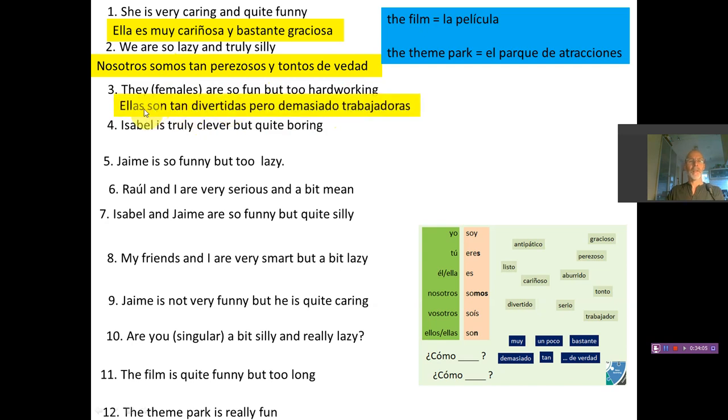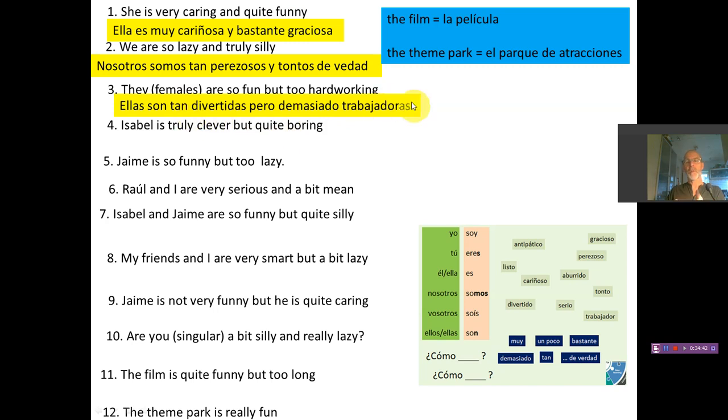Ellas son, because it's they, if you're going to include the ellos or ellas, ellas son tan divertidas, but, demasiado trabajadoras. Okay? And look how these adjectives agree. We're talking about they and we're talking about females. So we're looking at female and we're looking at plural, which is why we've got divertidas. So you've got the A because it's feminine and the S because it's plural. And the same with trabajadoras. Okay? Trabajadoras.